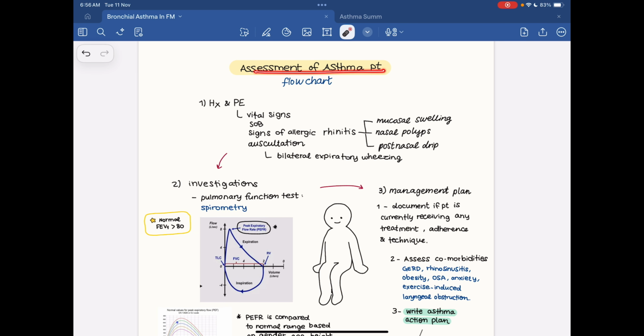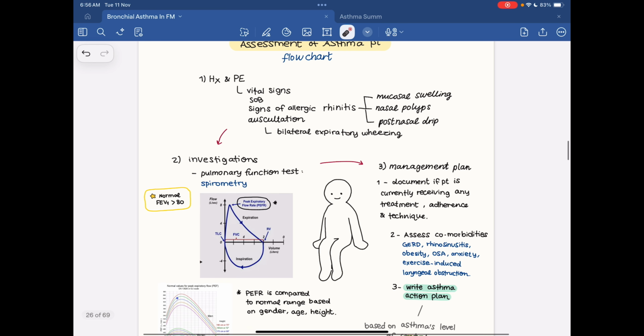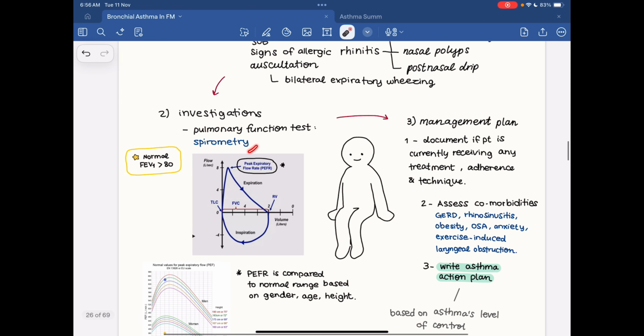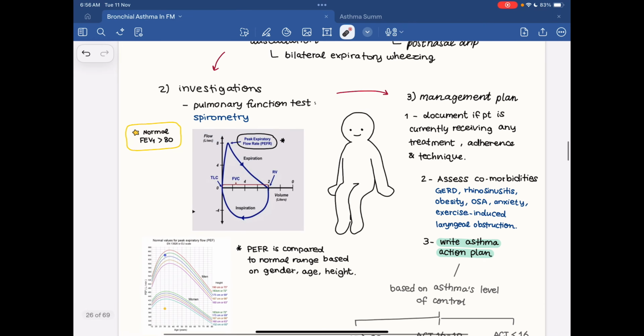Assessment of asthma patient. First, history and examination. We go vital signs. Look for shortness of breath, signs of allergic rhinitis. We auscultate bilateral expiratory wheezes. Then, we're going to do investigations. A pulmonary function test, spirometry. Normally, FEV1 is more than 80. لكن هنا عندنا بيكون less.